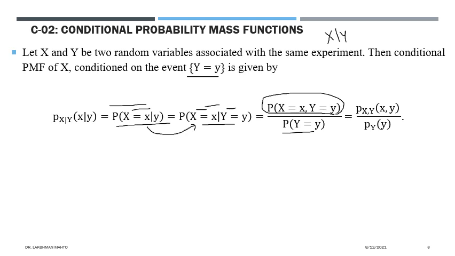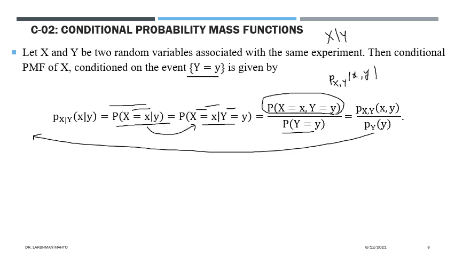If you take it to the left hand side, then what will you observe? You will observe that your conditional probability mass function can define the joint probability mass function. How is it defined this way? Suppose we are introducing conditioning over y, that means first we observe the value of y.